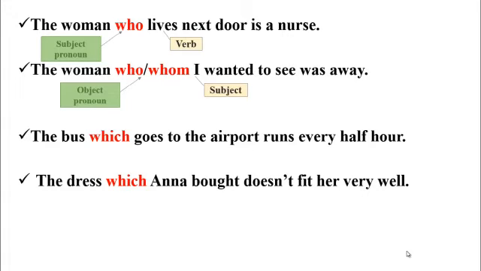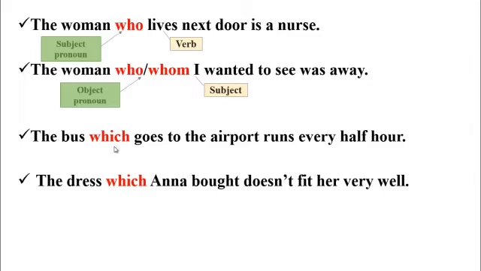So if you want to know if the relative pronoun is a subject or object pronoun, all you need to do is to look at what's after this relative pronoun. If it is followed by a verb, then it is a subject pronoun. If it is followed by a subject, then it is an object pronoun. It's the same with which. The bus which goes to the airport runs every half hour.